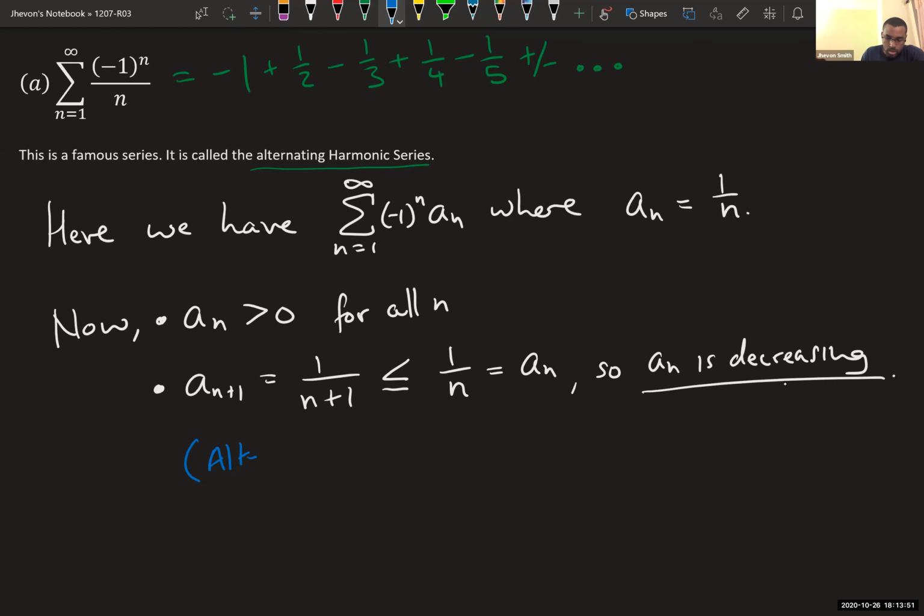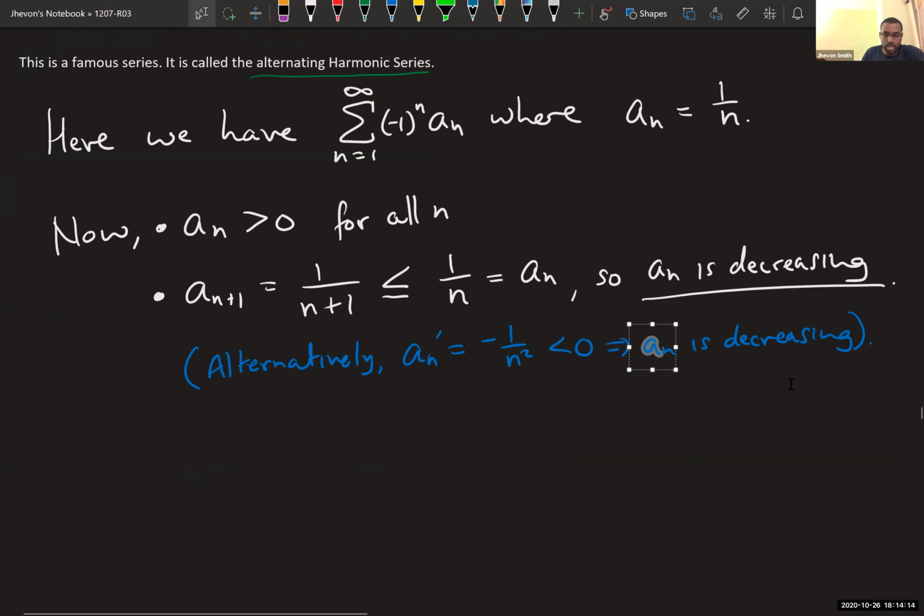Alternatively, I could show that An prime is -1 over n squared, and that's always negative. So this thing is positive, it's decreasing. And finally, if I take the limit of An, I get 0.